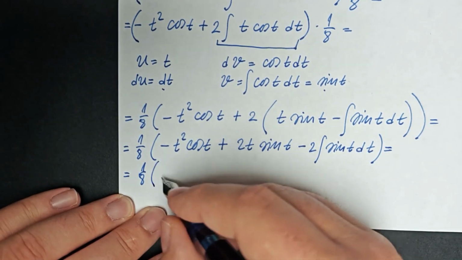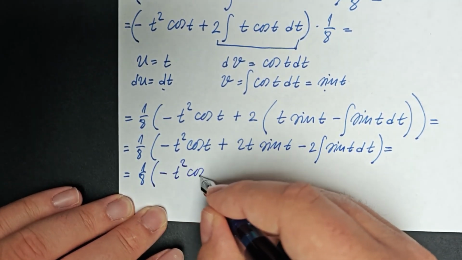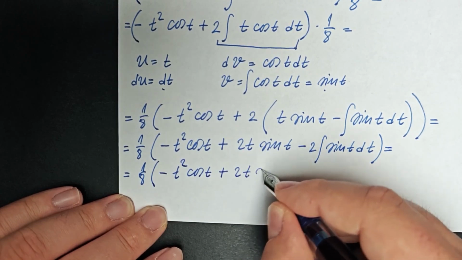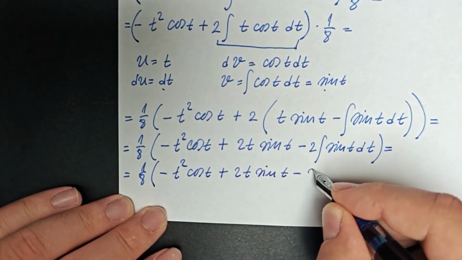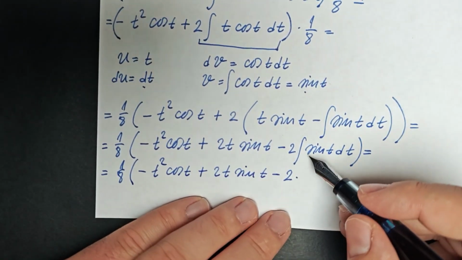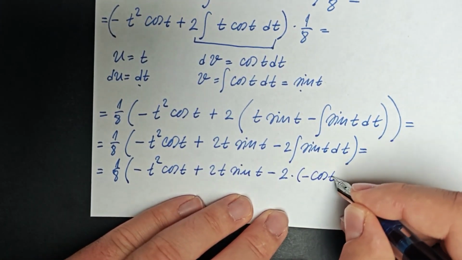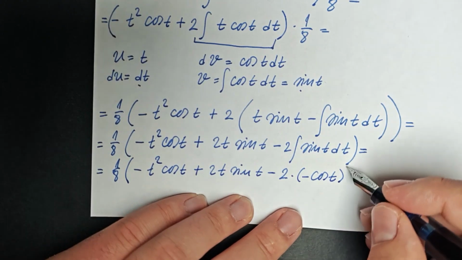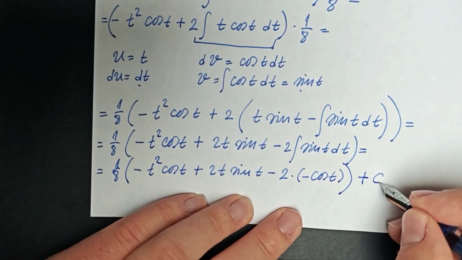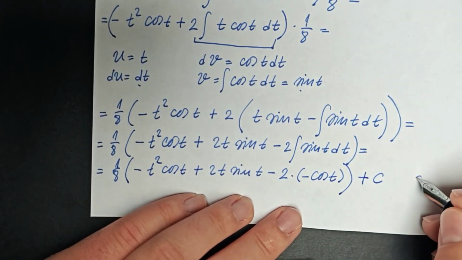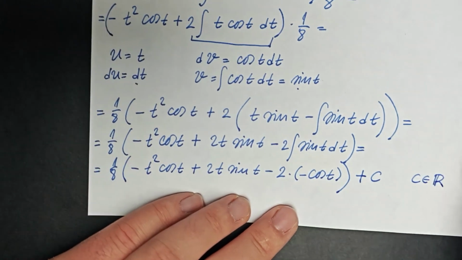So this is 1 over 8 minus t squared cosine of t plus 2t sine t minus 2 multiplied by the integral of sine t dt, that is negative cosine of t, and at the end we are going to plug in that plus c, where c is a real number.